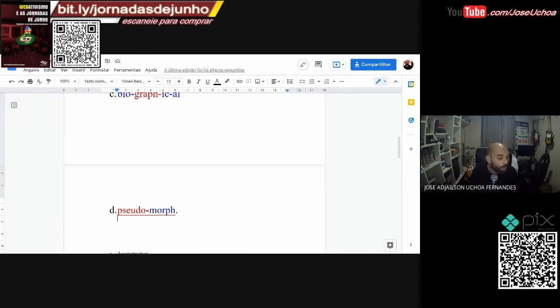Because phoneticists will say no, the smallest part of the word is the sound. But morphologists will say no way, the smallest part of the word is the morph, which in fact is idealized somehow and called morpheme. Morpheme is what is ideal.